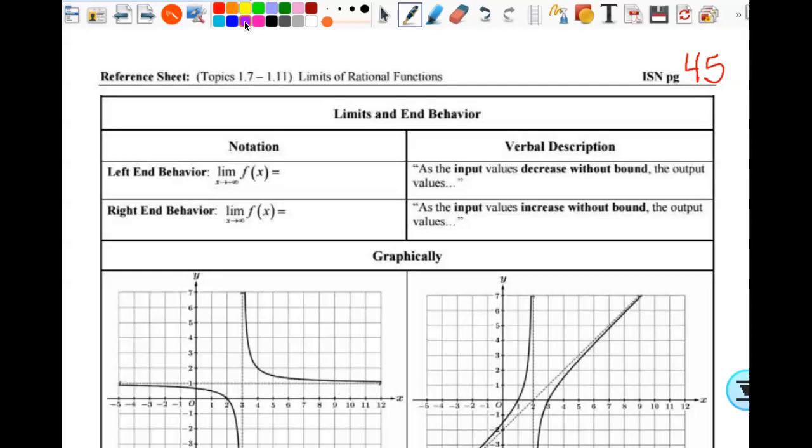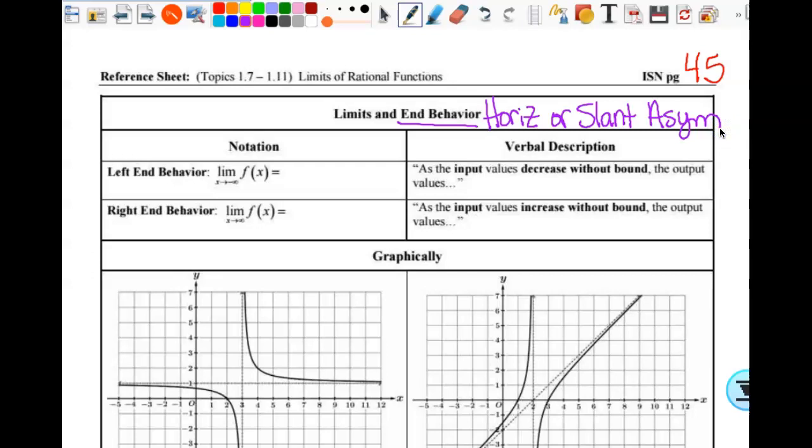Okay, so the first thing we're going to look at is limits with end behavior. And if we are talking end behavior, we are talking way out at the infinities. So we should have a horizontal or slant asymptote. Now, not for everything in the world, but when we're talking about rationals, and that's what we're dealing with right now, okay?